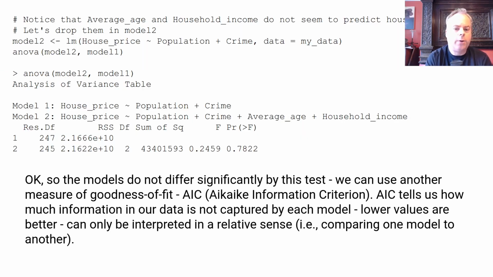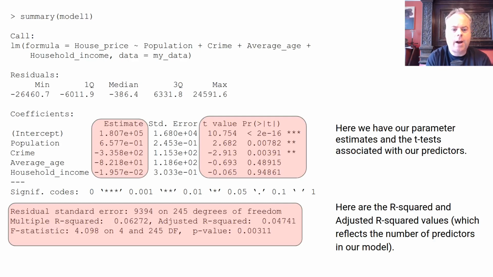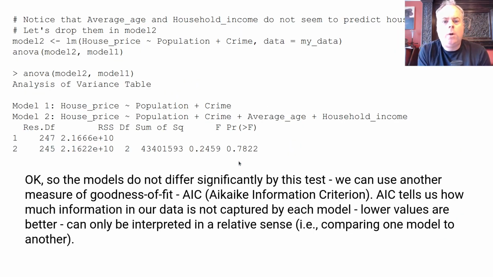So if you noticed back here that neither average age nor household income seem to be significant predictors in and of themselves, we might think that it would be useful to build a model where we don't have those two predictors in, and we look to see whether that simpler model is actually better in terms of accounting for our data.